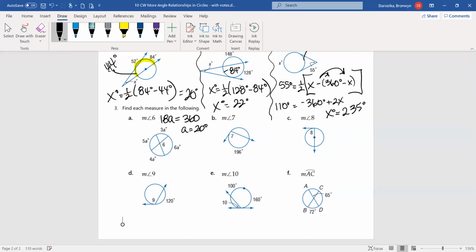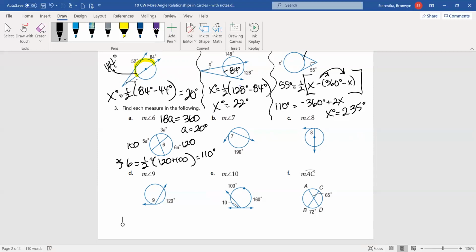Over here, 5 times 20 is 100. 6 times 20 is 120. We've got angle 6 equals 1/2 of 120 plus 100. Angle 6 is 110.